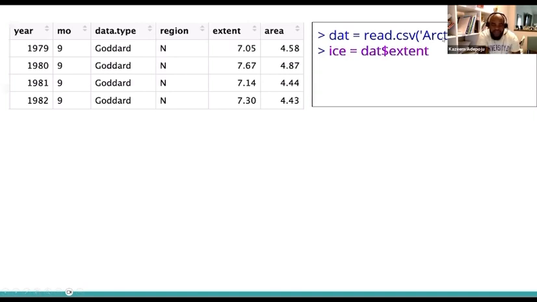The name of the data is Arctic sea ice, and what I'm interested in is the extent. I'm going to write $extent, and I'm going to call that ice. So what we want to study here is the ice over time, to look at the trend and stuff like that. That's what we are seeking to do.